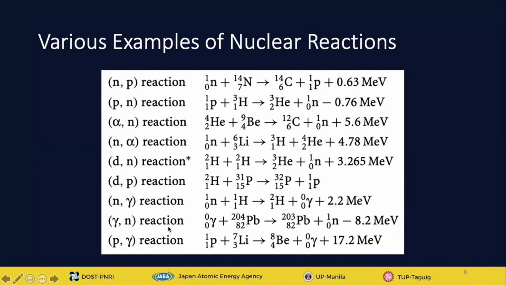Other notable reactions include the gamma-neutron reaction, or neutron-gamma reaction, where a neutron bombards a target nucleus and produces a gamma ray as one of its products. Many new radionuclides have been produced by bombarding nuclides of naturally occurring elements with neutrons, protons, deuterons, or alpha particles.